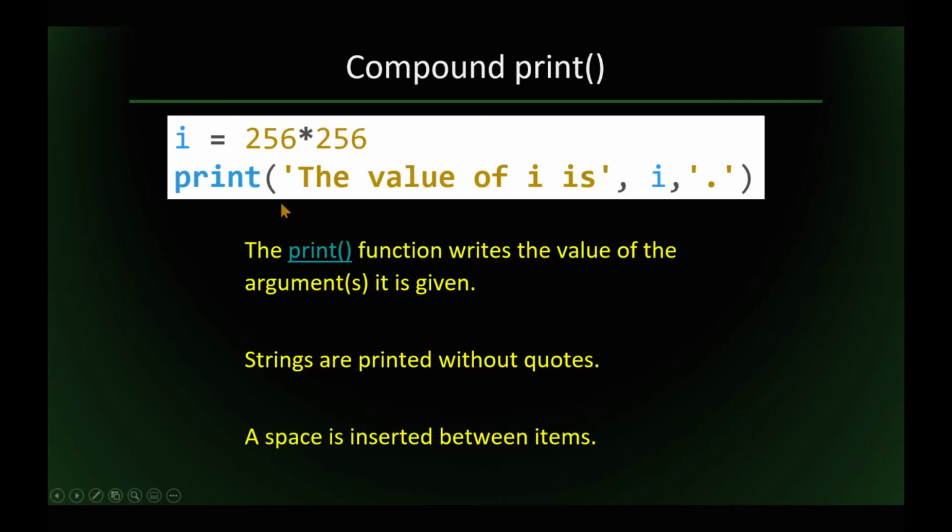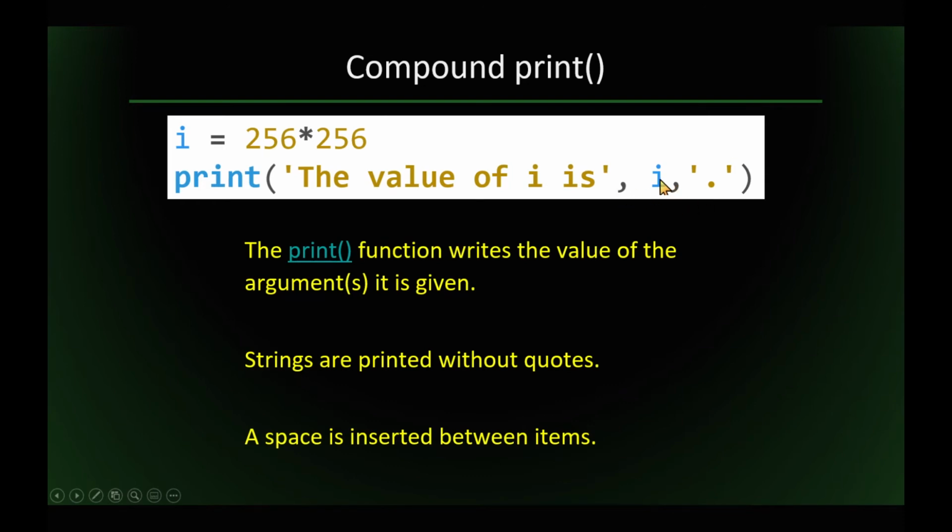Here is a neat way of using the syntax, how to add elements together to make an English sentence as a result. In our case here, we calculate something, and then we say print, and first of all we say print the value of i is, with another quotation mark.